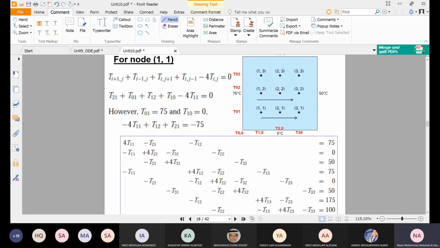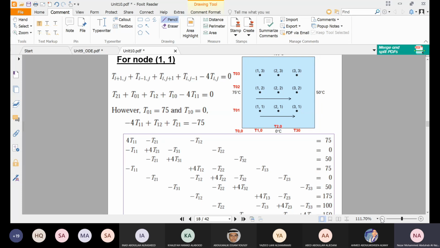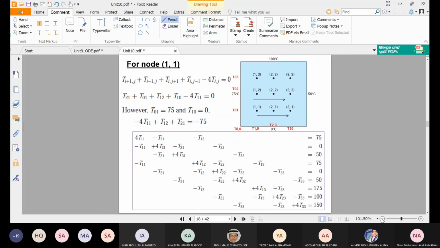Let's, for example, take this graph. Look at this grid. Given in this question, we have the boundary temperature here, we have 50.